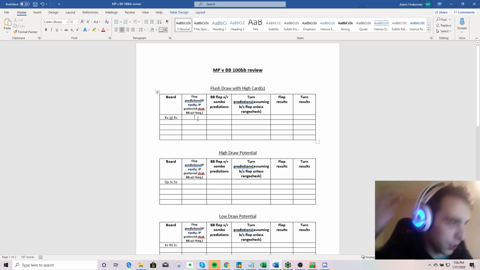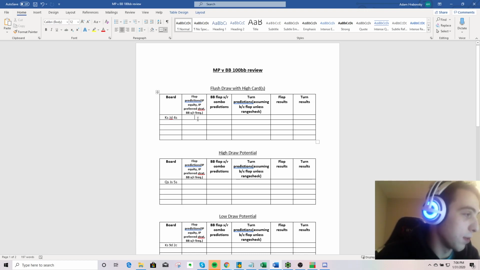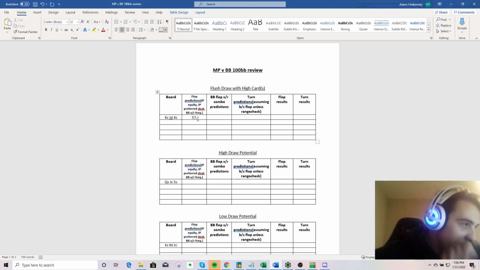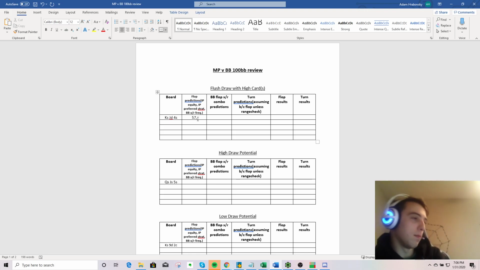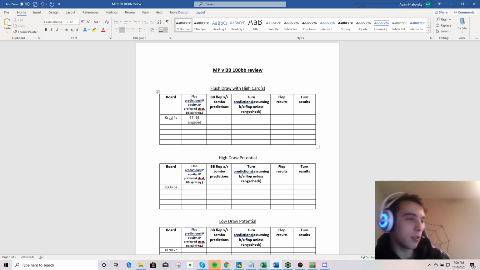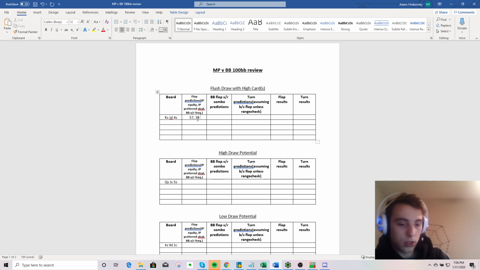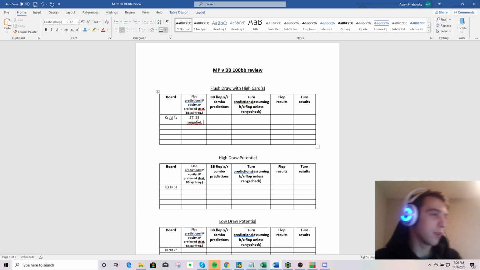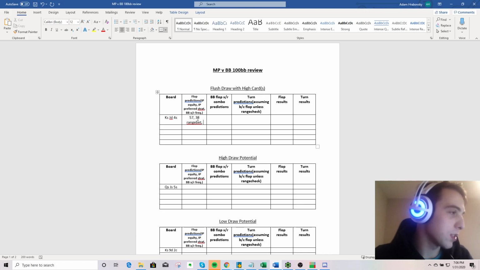So here we'll make some predictions. On King Jack 4, in position equity, I'm assuming, is going to be pretty high, so we'll say like 57. Preferred strategy for in position is likely going to be 33% pot range bets. And the big blind check raise frequency probably isn't going to be super high here.